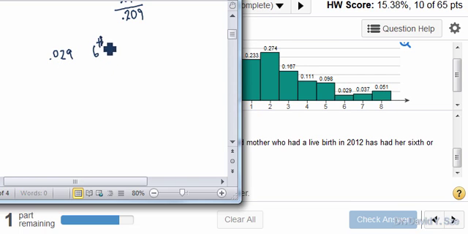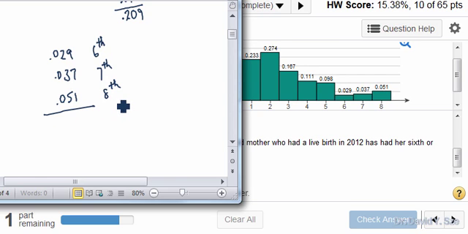That's the sixth live birth. Seventh is 0.037. And eighth and higher is 0.051.